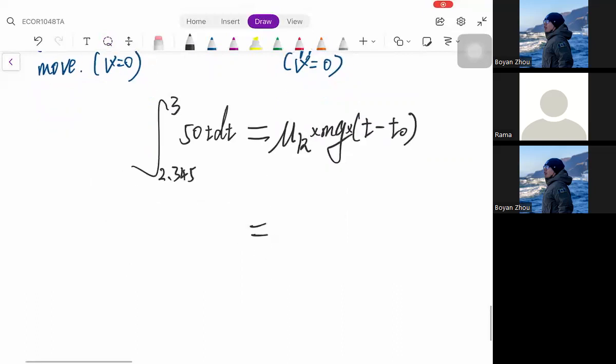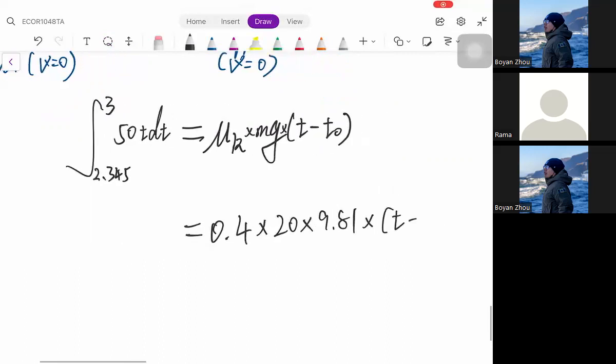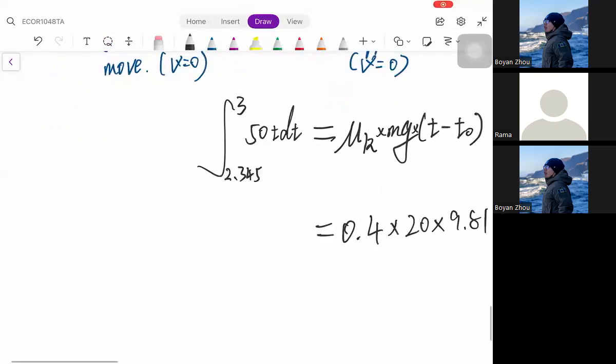So just solving this equation: 0.4 times 20 times 9.81 times t minus 2.345. On the left-hand side, doing the integration of this one will be 50 times half t squared, evaluating from 2.345 to 3 seconds.